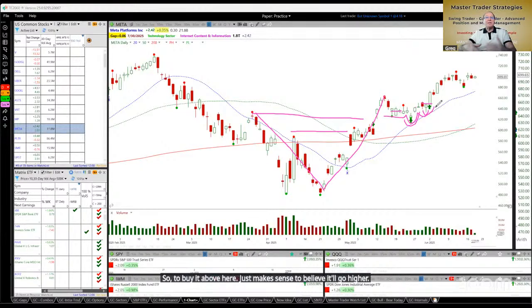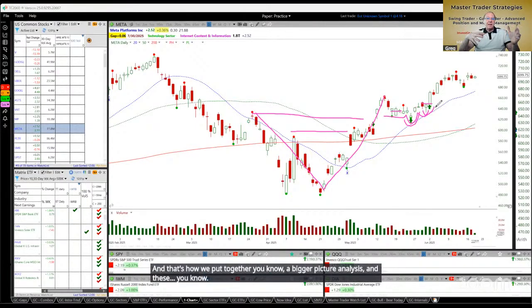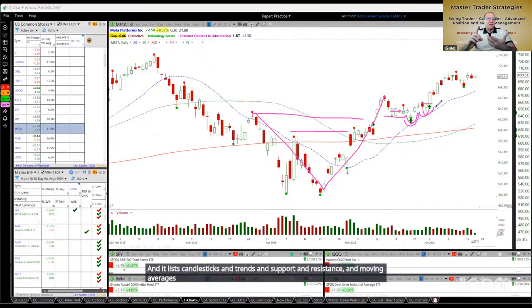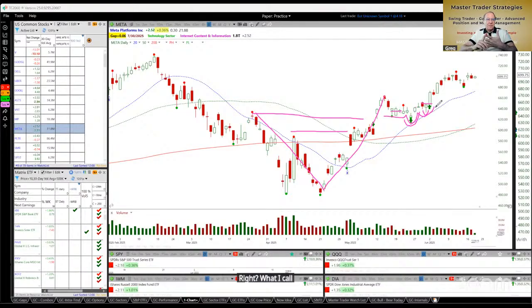And that's how we put together a bigger picture analysis, and that initial slide that says, here are these MT concepts, and it lists candlesticks and trends and support and resistance and moving averages. Those are actually the names of the modules in the full course, what I call thought building lessons.